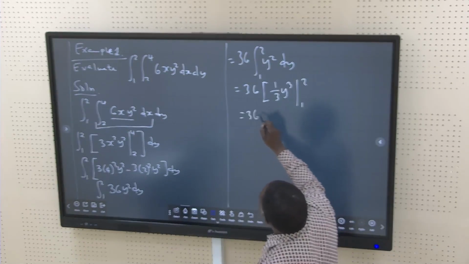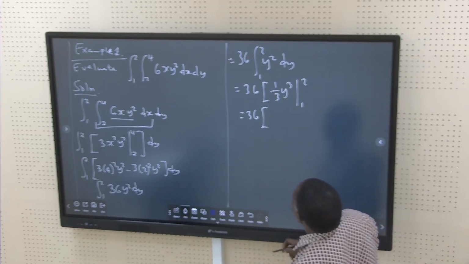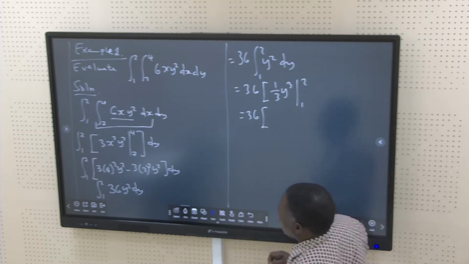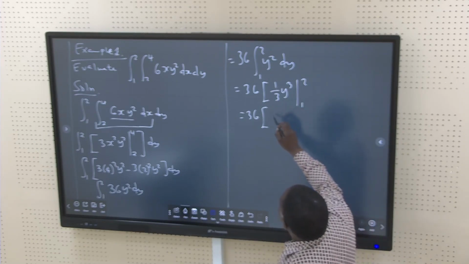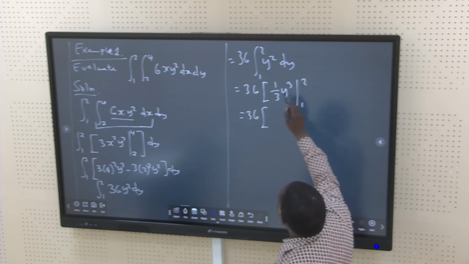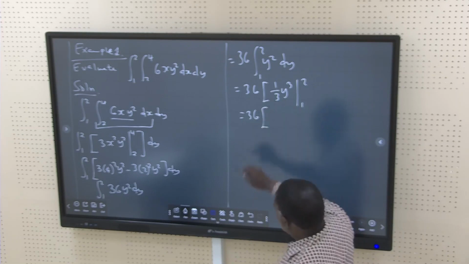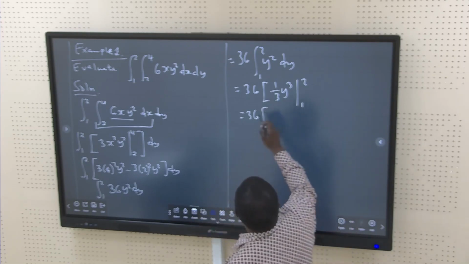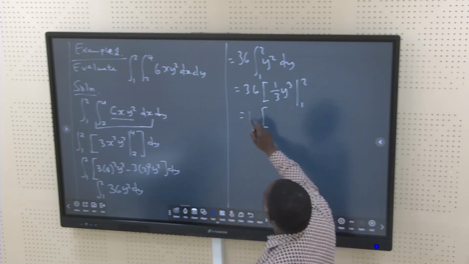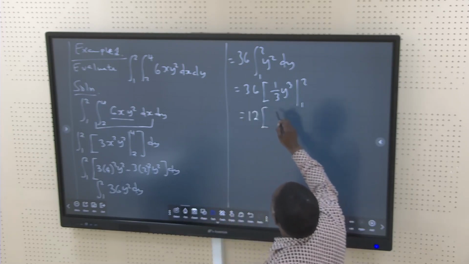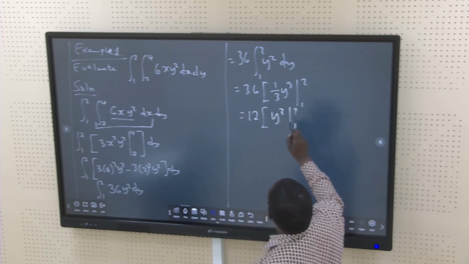So the 3 and 36 give 12 here, so we have 12y³ from 1 to 2.